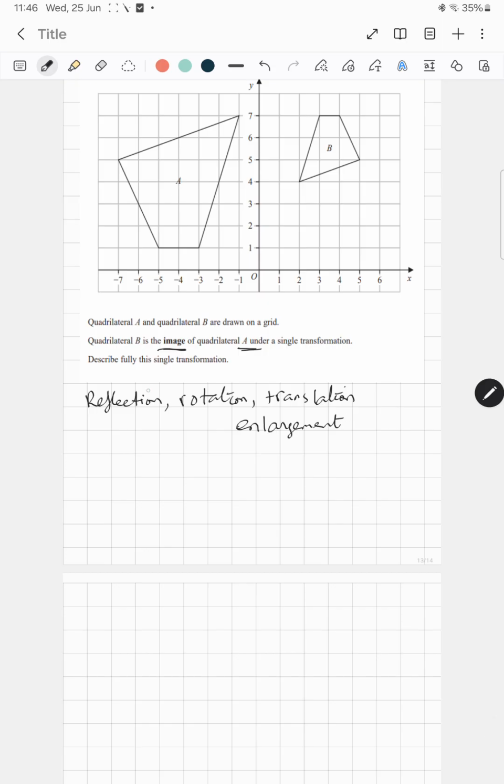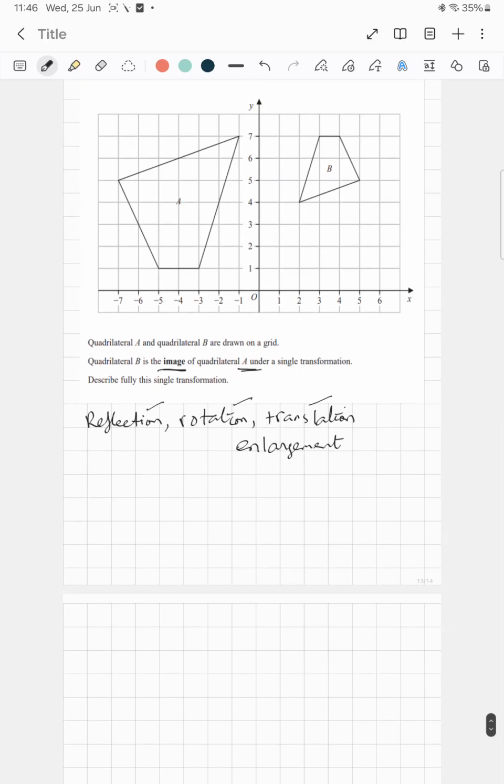In all these three, there won't be any change in the size. The size of the object and the image won't change in reflection, rotation and translation. Only in enlargement it will change.